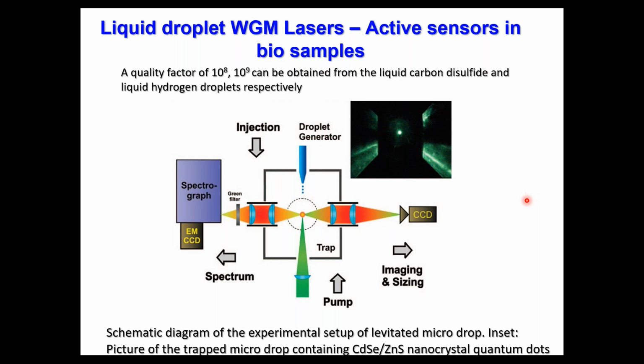So the liquid droplet will contain the gain medium, which can be excited by the incoming light, and the emission from the gain medium will be trapped, and those frequencies of emission coming out of the gain medium will be trapped inside the sphere, and it can be very well imaged. So there are many micro droplets containing CdSe, ZnS, nanocrystals, or quantum dots. So you can dope quantum dots into this liquid and form a droplet and then suspend it and then study it.